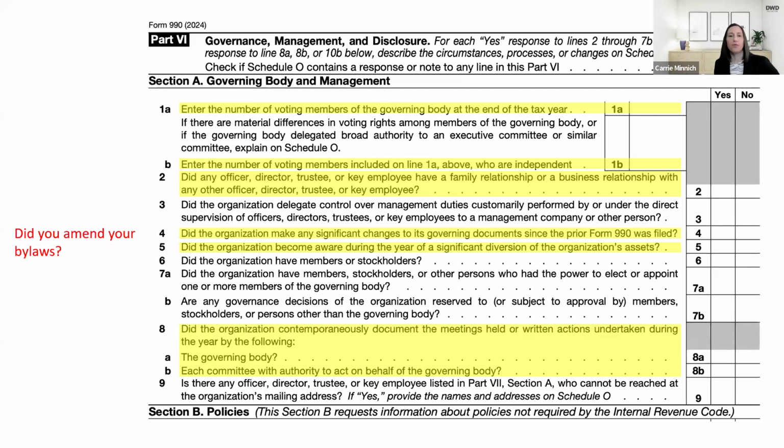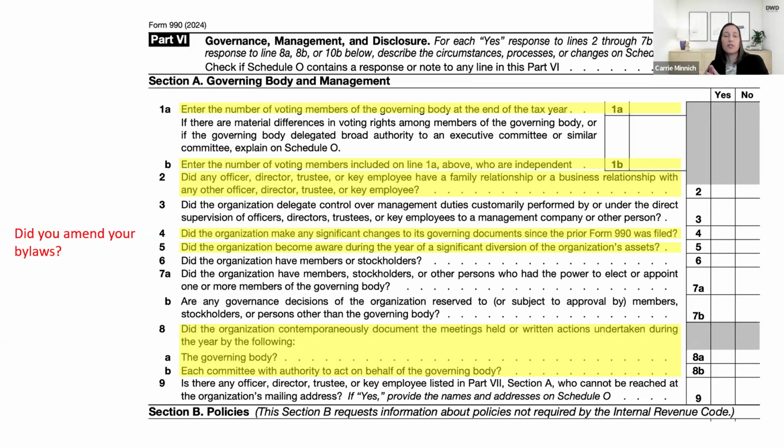So the IRS likes to see a board that is very diverse and that is independent, as well as number two, when they ask if any board members have a family or business relationship with each other or with the executive director. Again, the IRS thinks that a nonprofit is more well managed if they have a very diverse board that is not related.